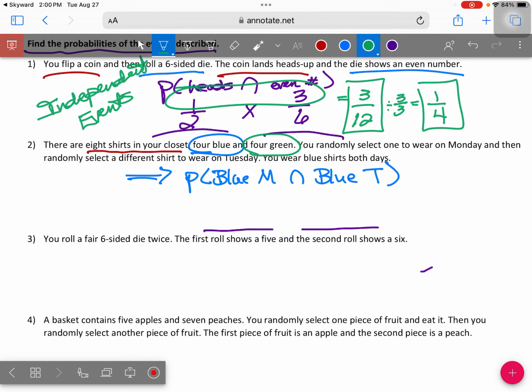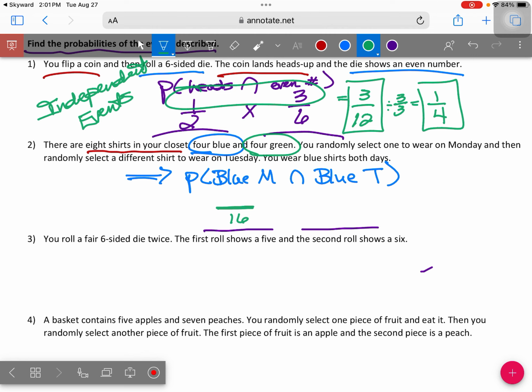What do I have to have below my denominator? 16? I agree. How'd you get 16? So there are 8 shirts in your closet. 4 are blue and 4 are green.